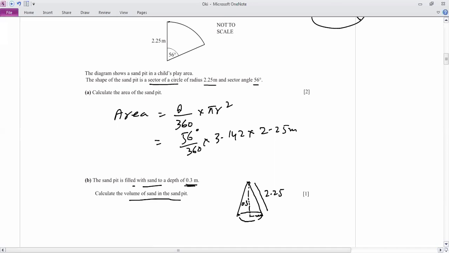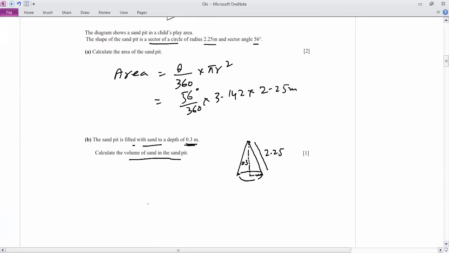So use Pythagoras theorem and first get the radius, because for the volume of the cone you need the radius. So 0.3, 2.25, and this is r. This is a right angle, obviously, in the case of a cone.